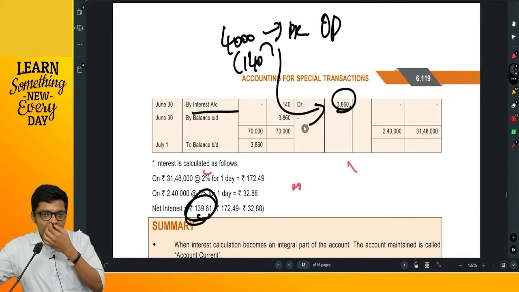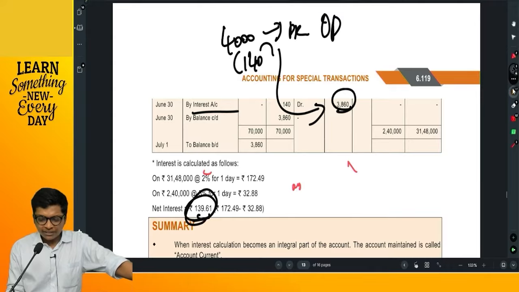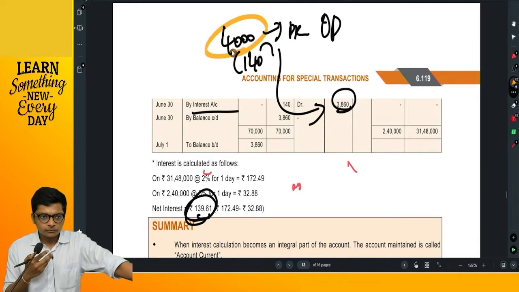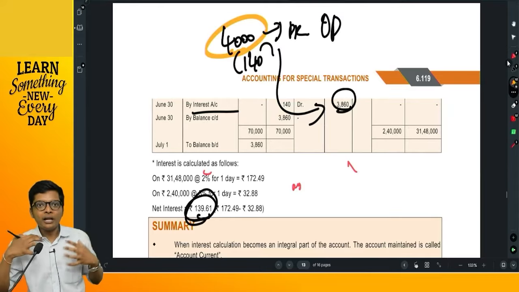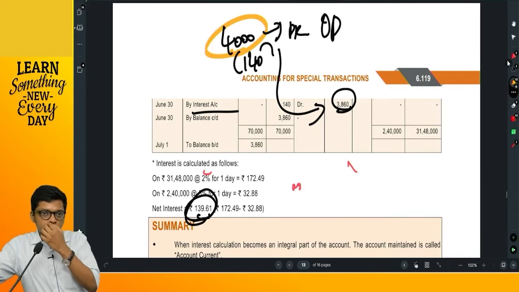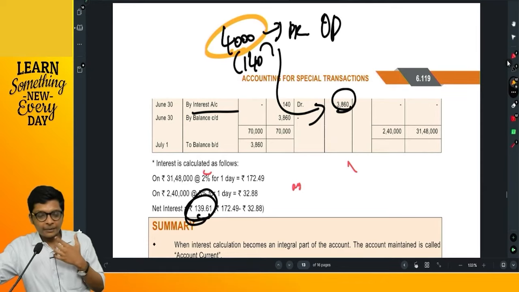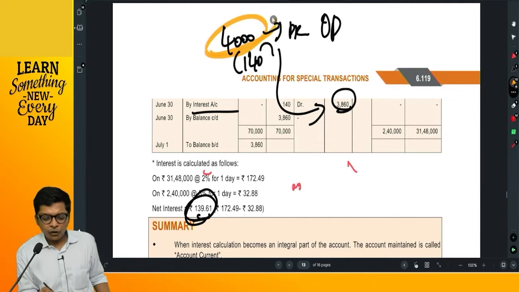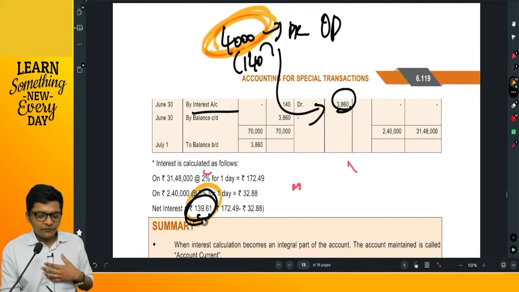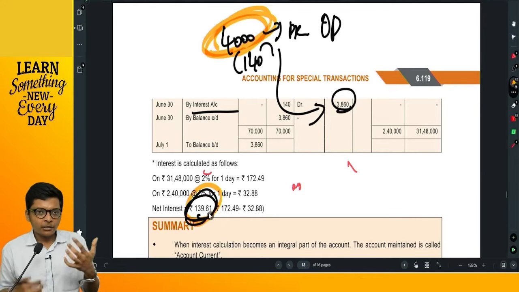Are you following, guys? For the bank, 4,000 is receivable. Interest of 140 is payable. So set off.